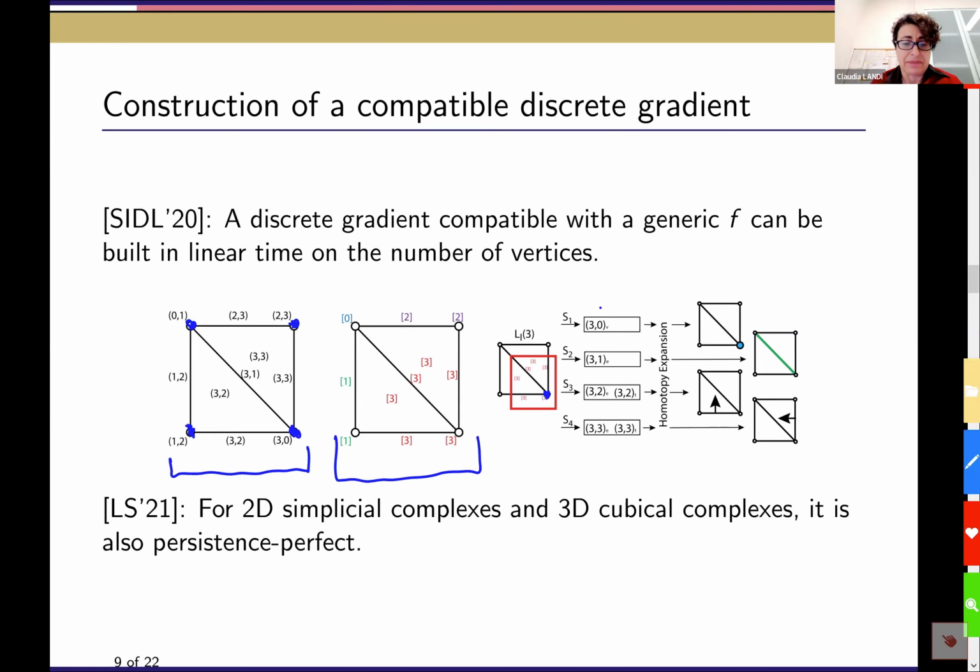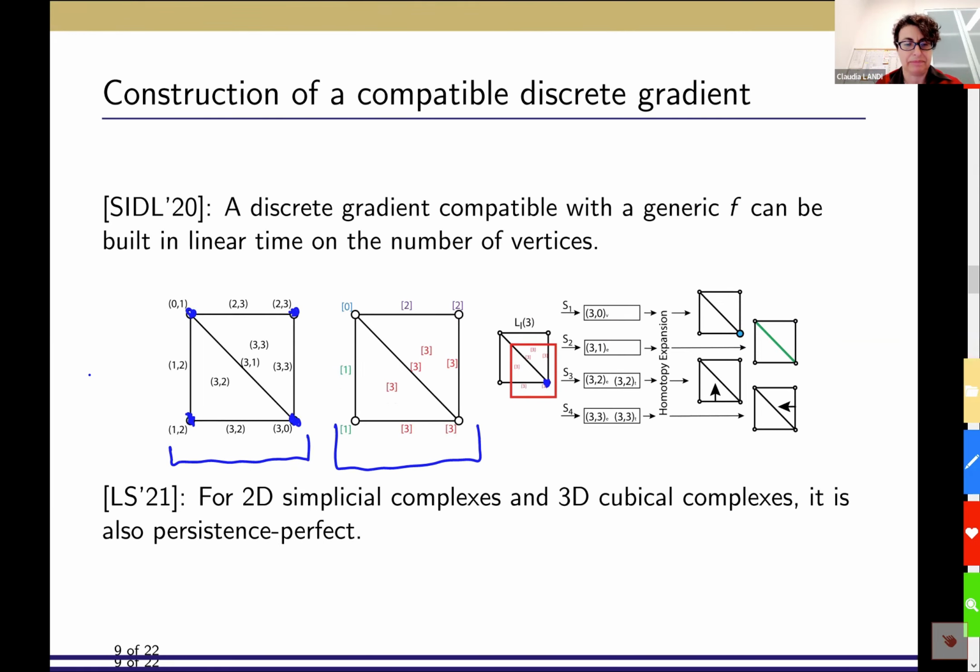The gradient we get is even guaranteed to be persistence perfect, which means that we have critical cells exactly at values where persistence changes and they are in the correct number. And this is guaranteed for two-dimensional simplicial complexes and three-dimensional cubical complexes. So we know how to build discrete gradients that are compatible and optimal.